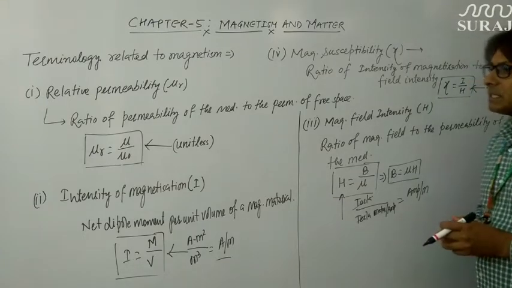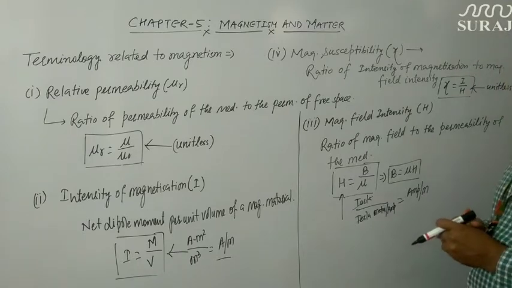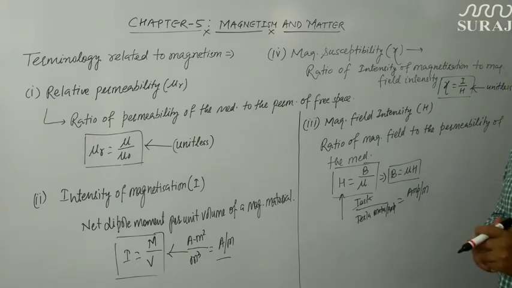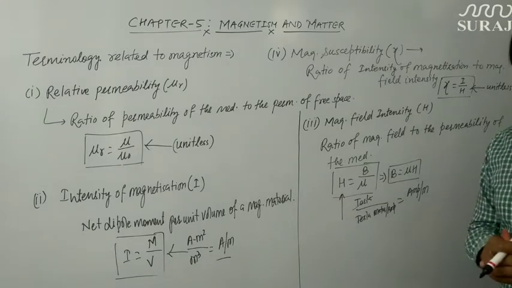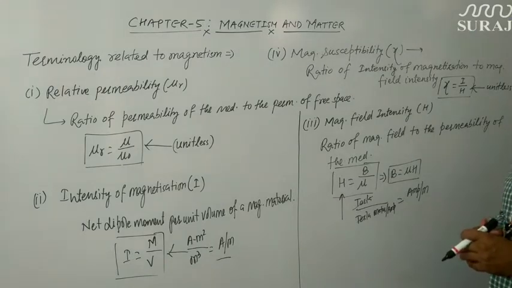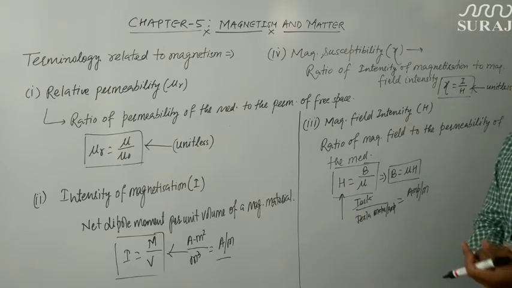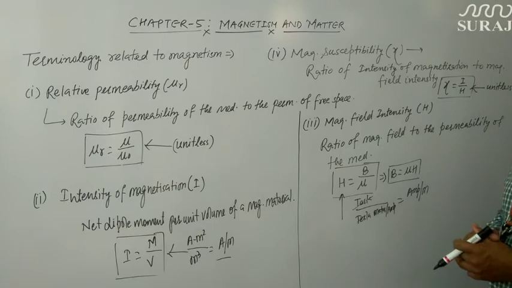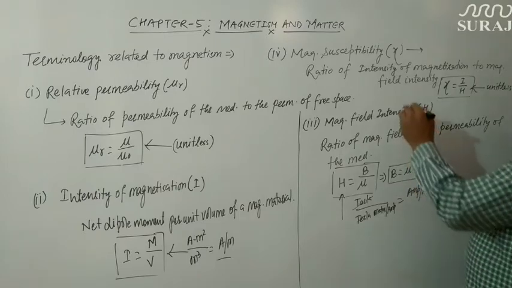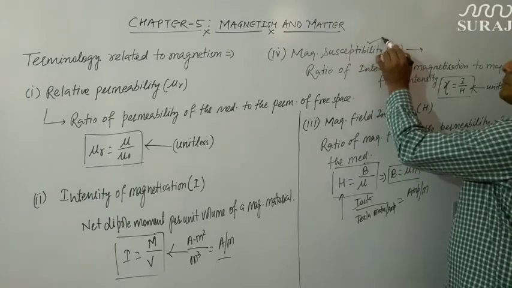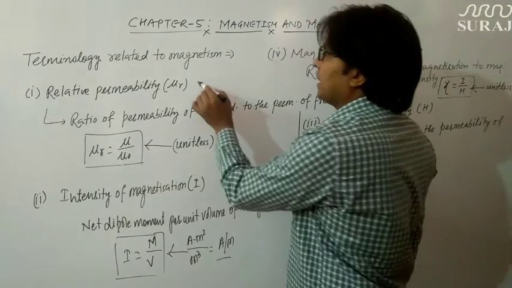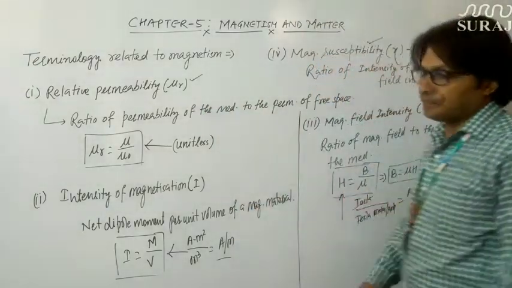These are the terms which we will use frequently during the study of magnetism, so you must keep in mind what these terms are and how they are defined. Now let us discuss the relationship between magnetic susceptibility and relative permeability.